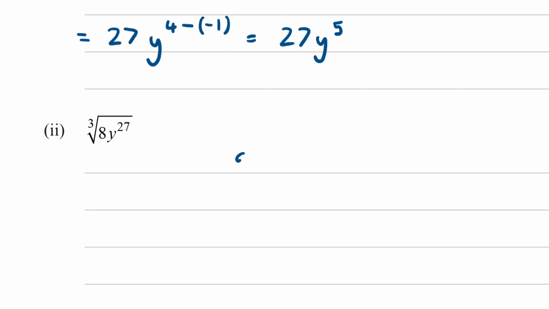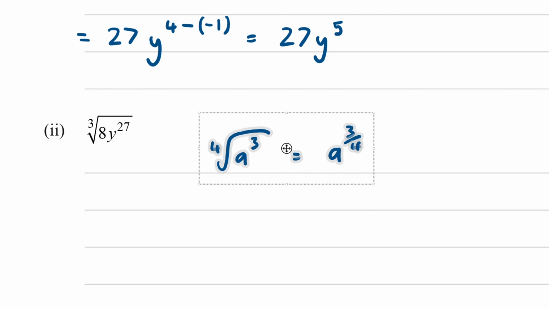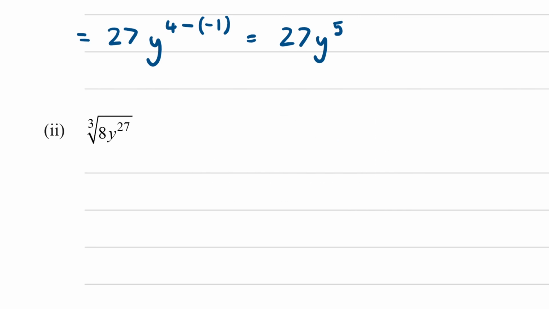Another example, maybe a to the power of 3, then the 4th root. So we'd have a to the power of 3 over 4. So over here, we can distribute this, so we'd have 8 to the power of a third times y to the 27 all to the power of a third.